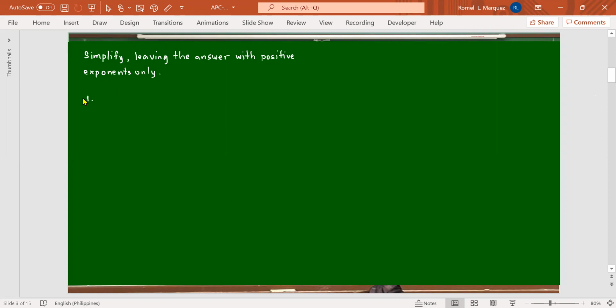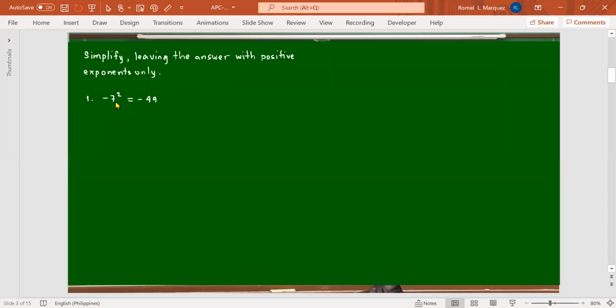Let's say we're given negative 7 squared. What's the value, guys? Anyone? 49. Negative 49. Is that clear?